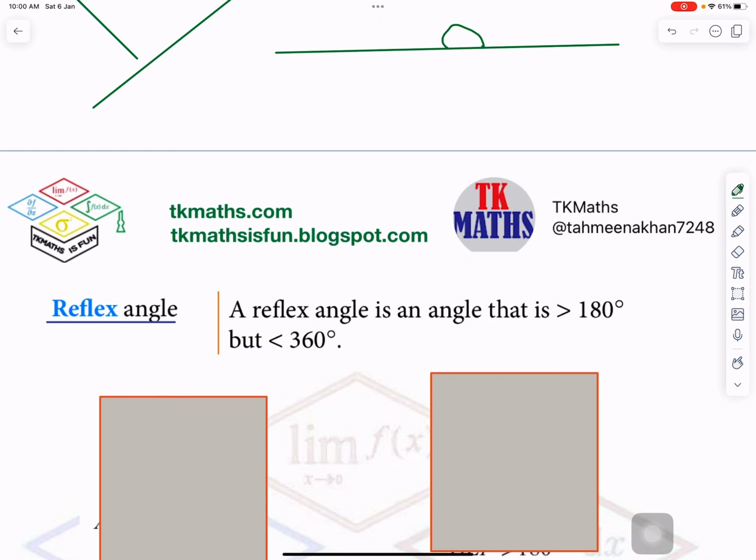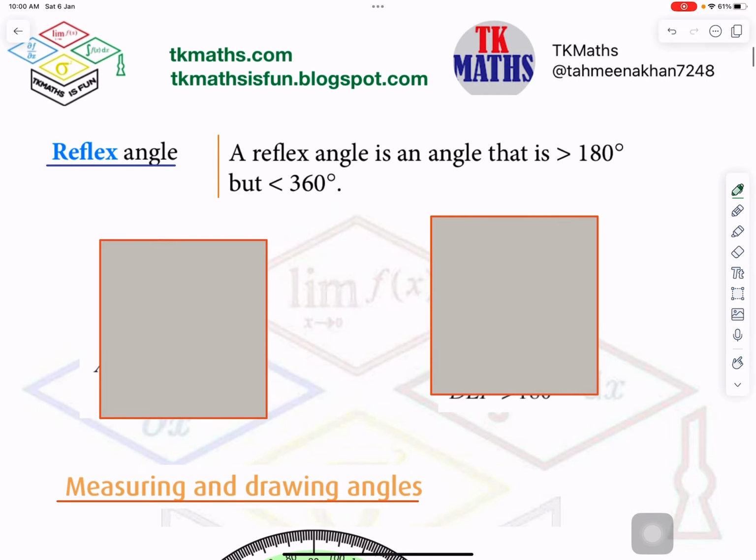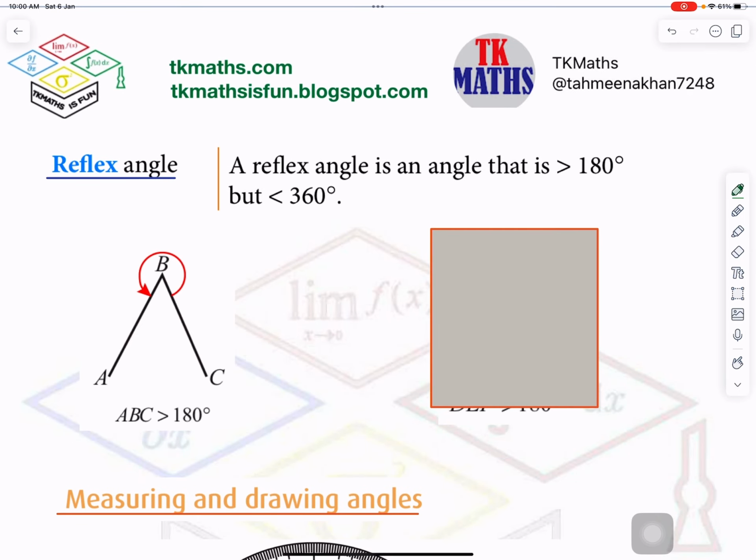Reflex angle. It is an angle which is greater than 180 degrees but less than 360 degrees, right? So now see here, in language, ABC greater than 180 degrees. If I write here ABC less than 90 degrees, then which angle am I talking about? This one.